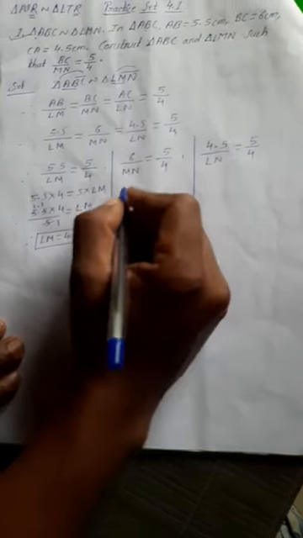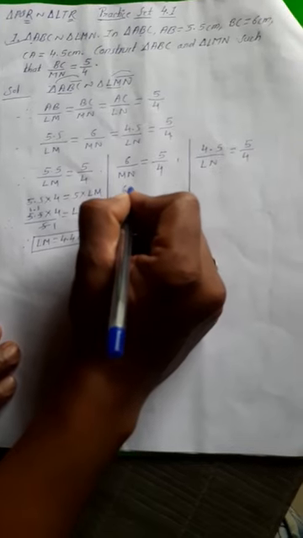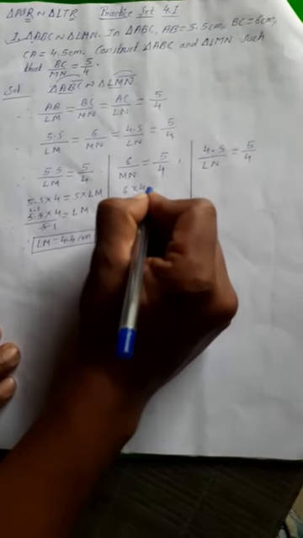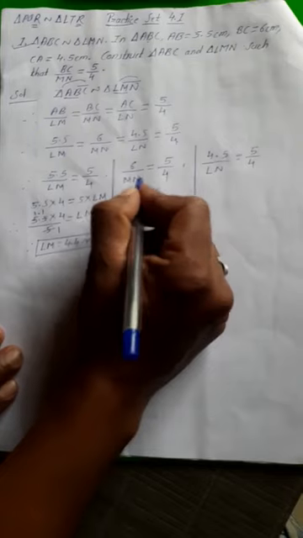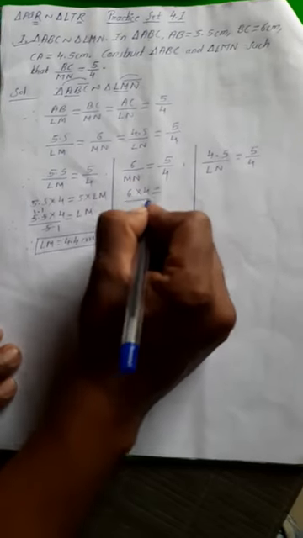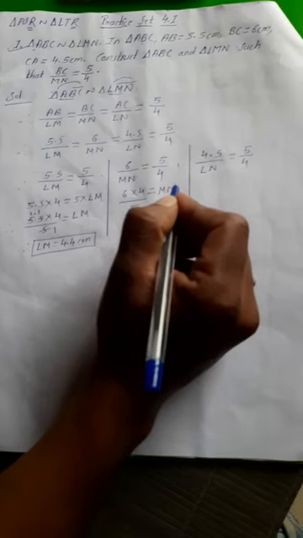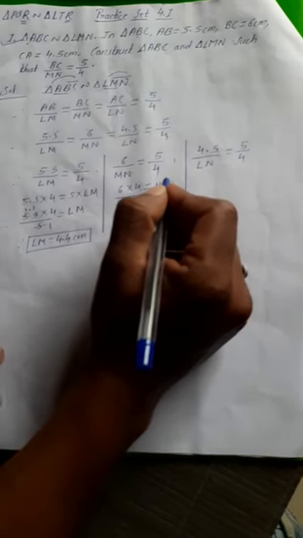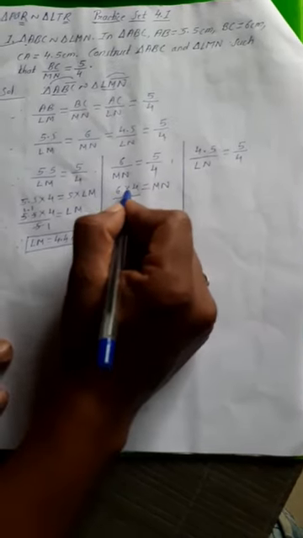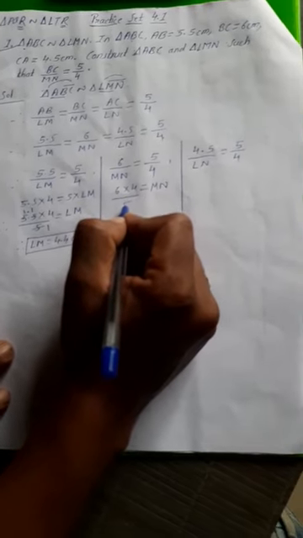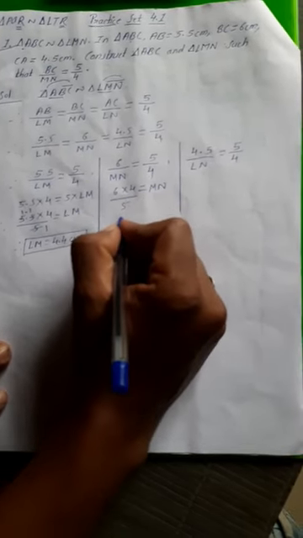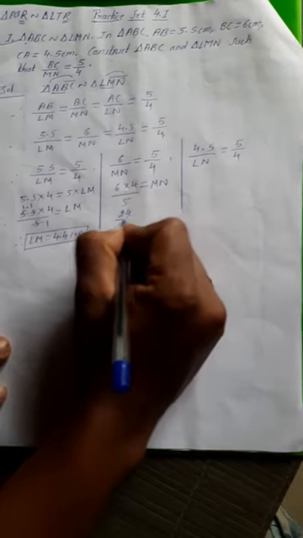Now we will take the second one, 6 into 4. Now this MN will go here and 5 will come to the denominator. That is MN is equal to 6 into 4 upon 5. 6 fours are 24 upon 5.